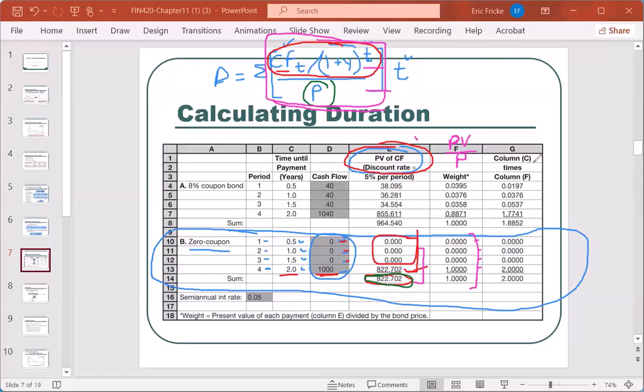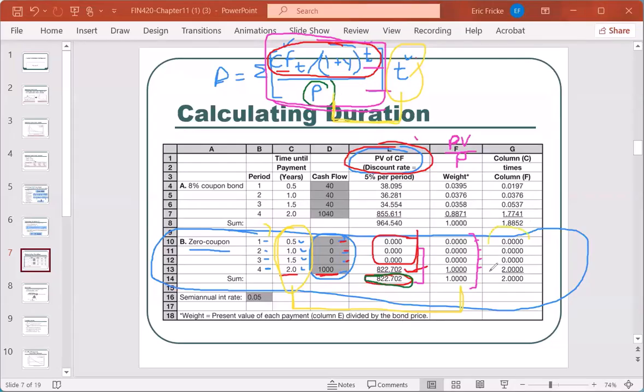And then we take that and we multiply it by the time to each cash flow. Here's our time to the cash flow, and that was this right here, right? So we multiply this line by this line, and that's like multiplying this by this.